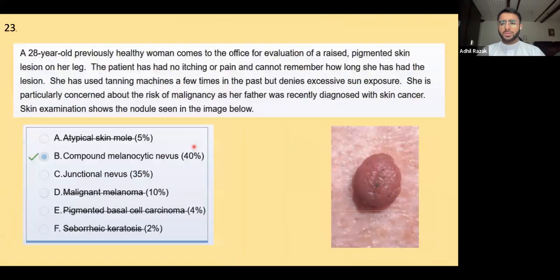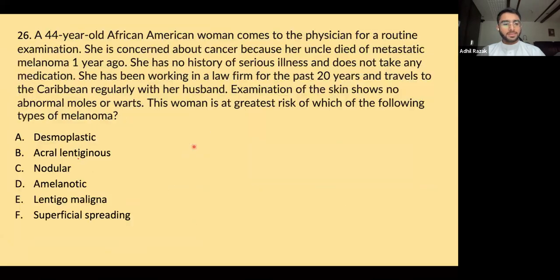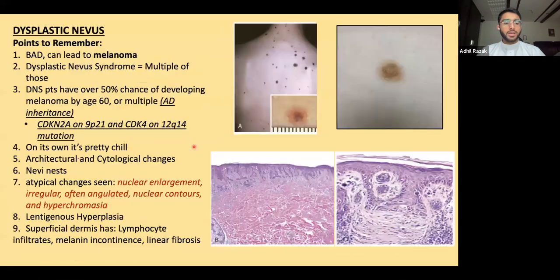But CDKN2B, I don't think I mentioned it. I don't remember it, honestly. I'm sorry. Let's go back. All right. Oh, okay. CDKN2B, I'm not sure. Maybe it's later on because I wasn't memorizing the mutations, to be very honest.